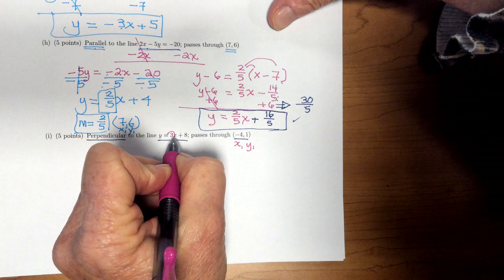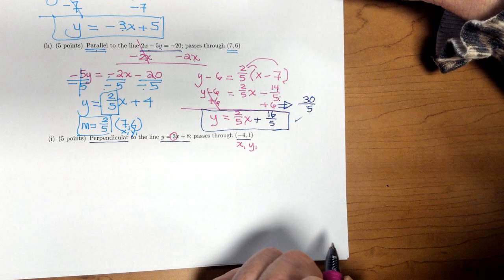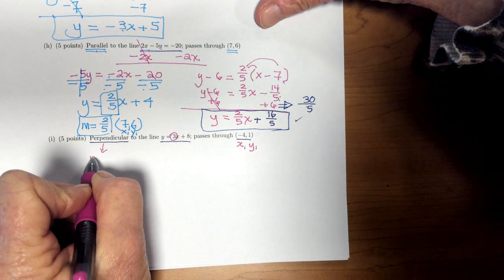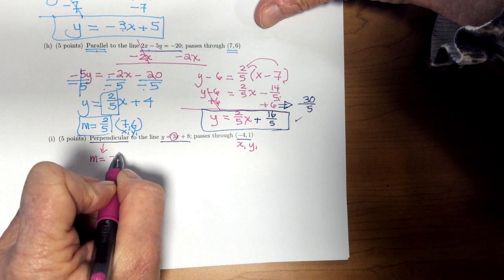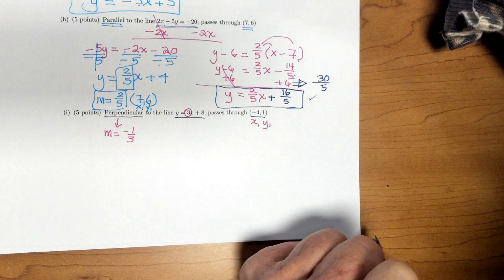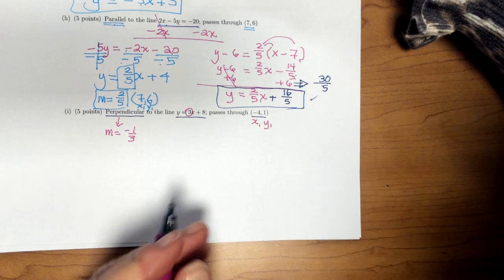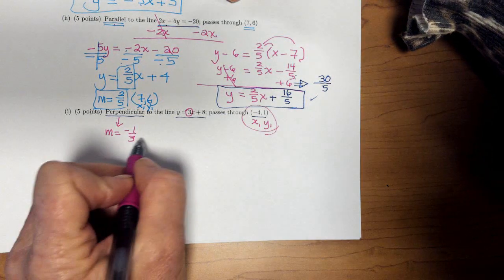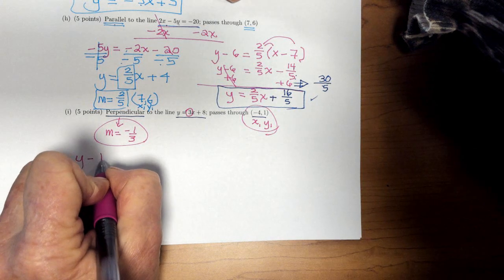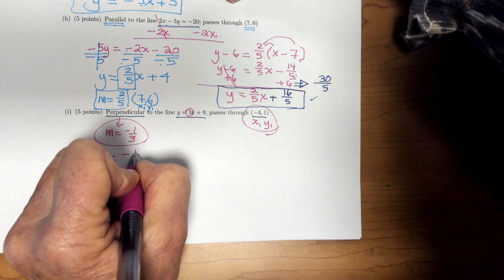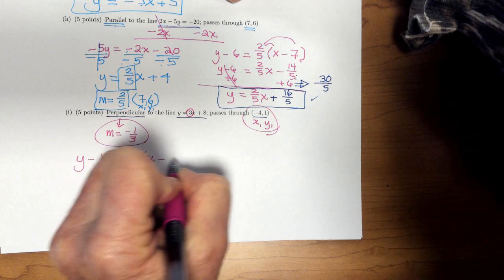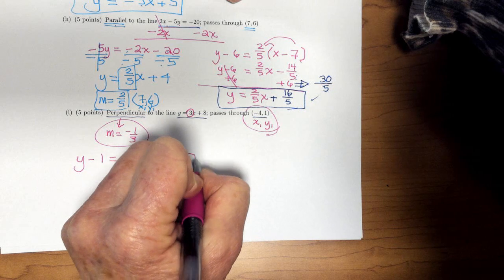And I'm going to circle my slope, and I know that my slope is 3, and if I want a perpendicular slope, my slope is going to be negative 1/3. So I'm going to go ahead and write my point slope formula using this and this. So I'm going to go y minus 1 is equal to negative 1/3 times x minus a negative 4.